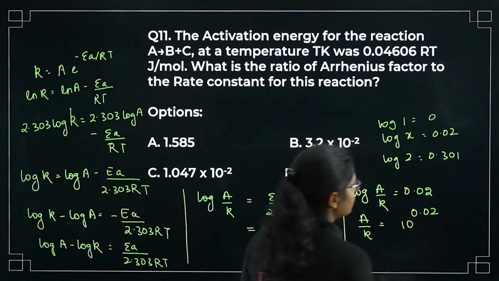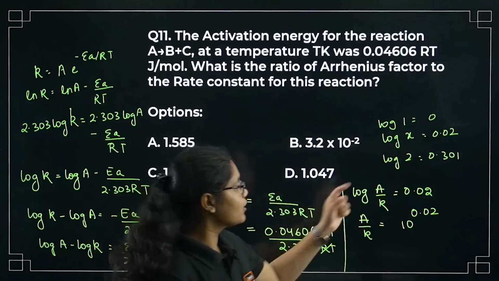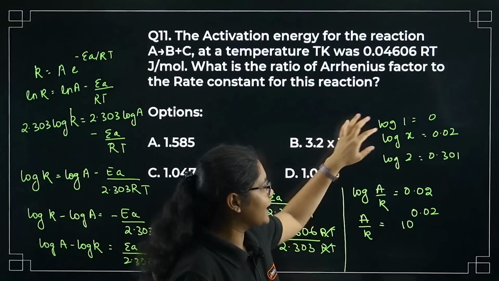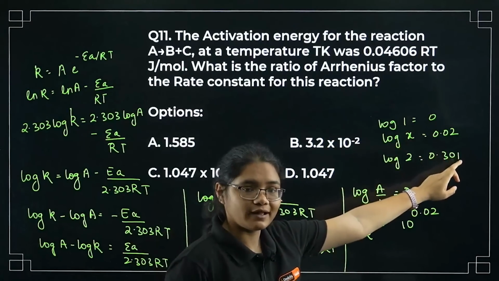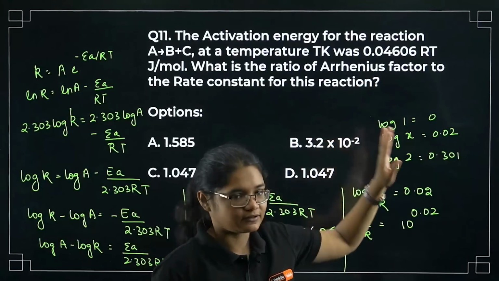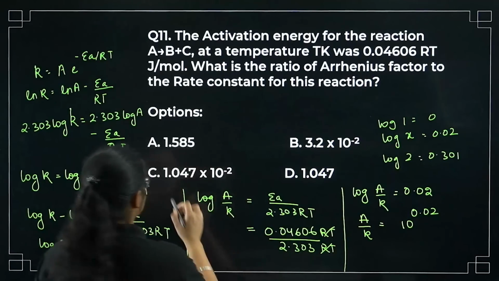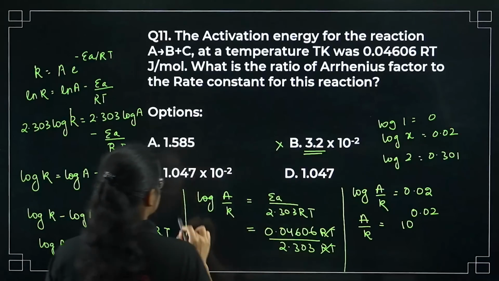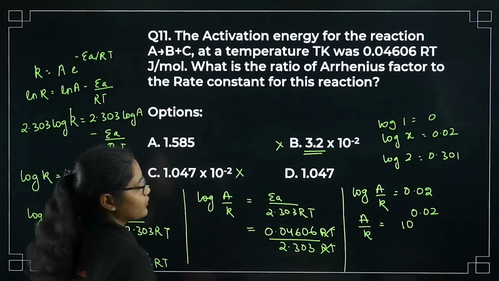And you should know that the log of numbers less than 1 is a negative number. I don't want a negative log value, so numbers less than 1 are incorrect. If you see here, this is a number less than 1, so this cannot be the answer. This is also a number less than 1, so this cannot be the answer.